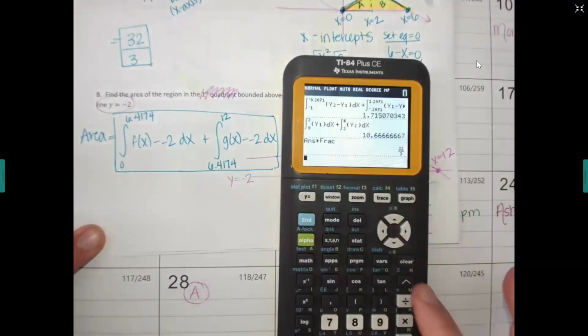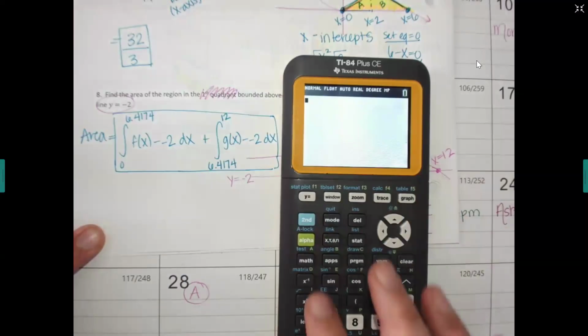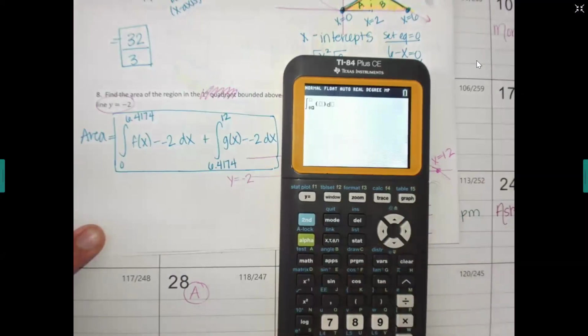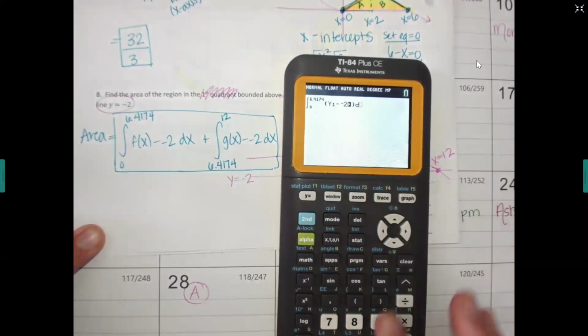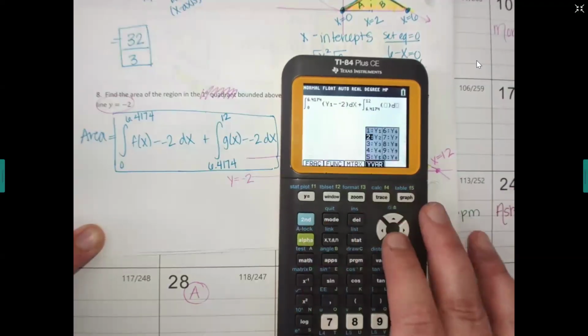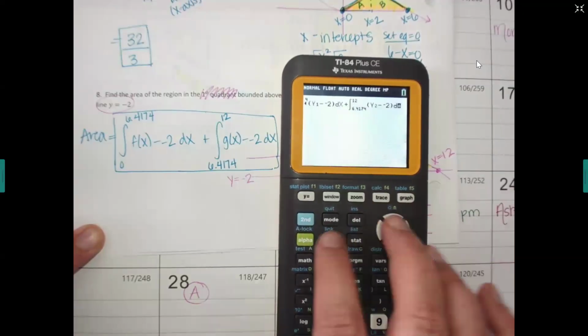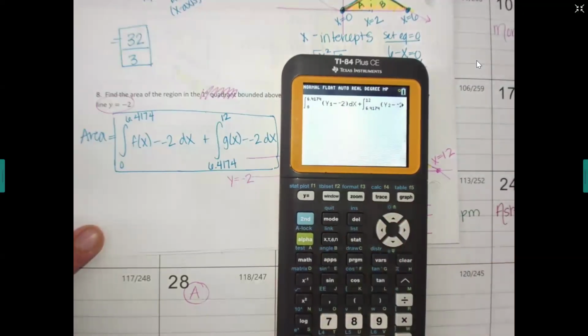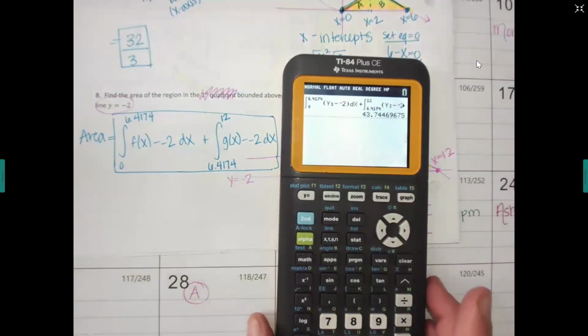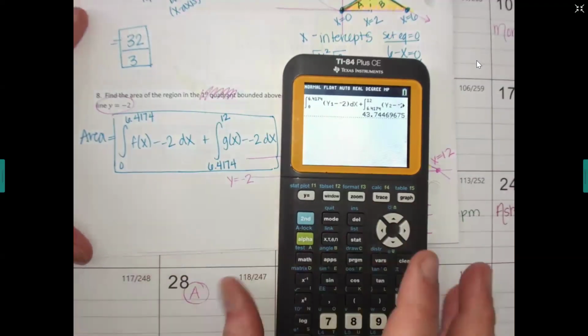Takes you probably less time to type in a -2 than a -Y3. So I got 43.7446.